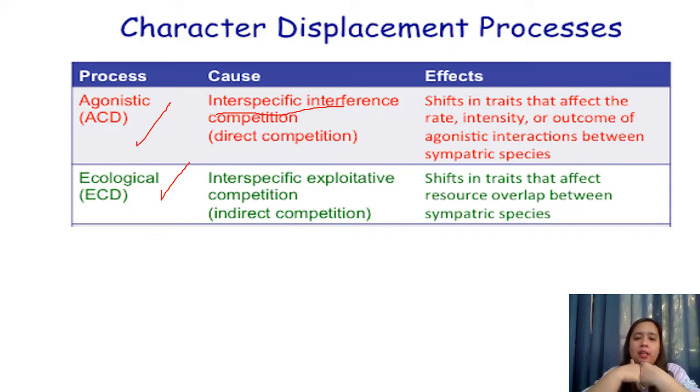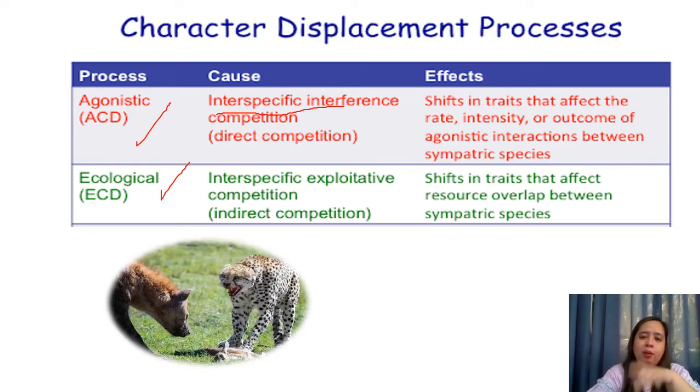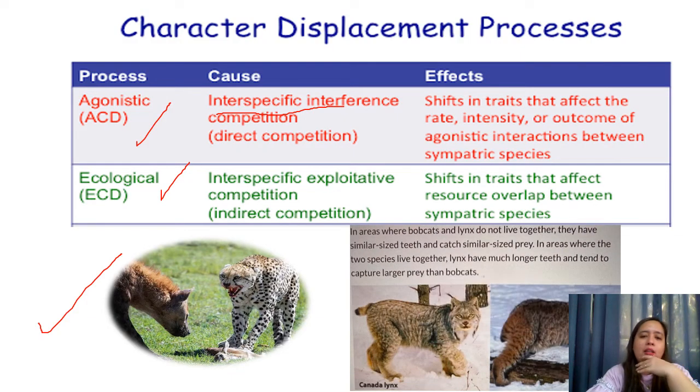There's a fight in here. Kapag ecological naman, shifts in traits that affect resource overlap between sympatric species. So, for example, ito, this is a good example of agonistic. A hyena versus cheetah. Yan. At yung mga tinatawag natin sa interspecific exploitative, ito, bobcats and lynx, no?